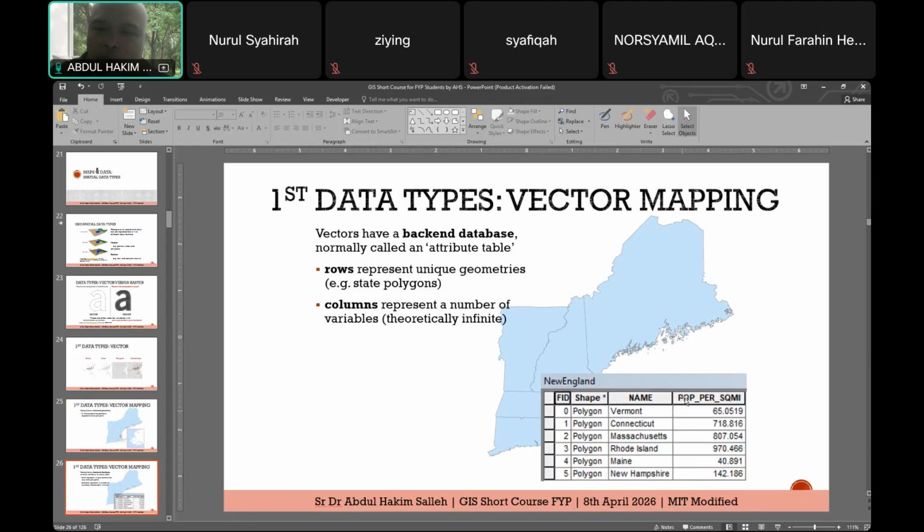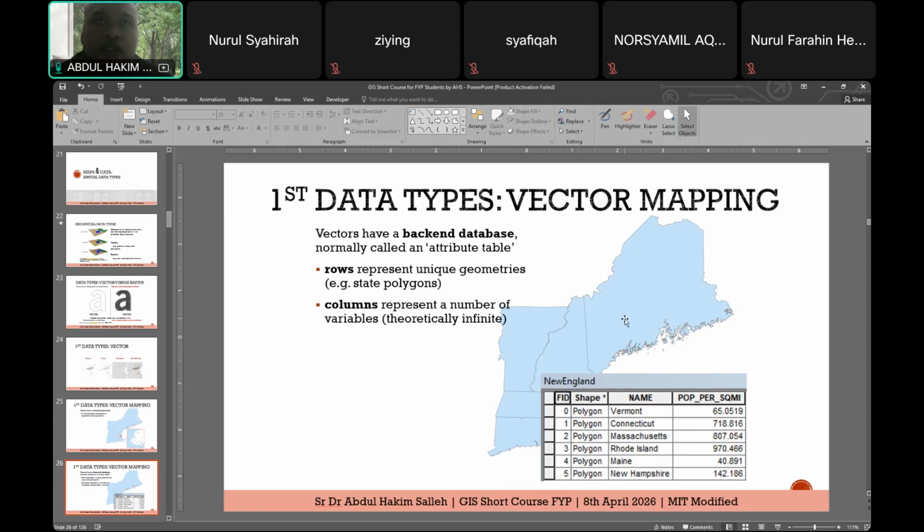It can give you population per square mile, meaning it can give you the density of population that live in that particular state. Okay, it can give you the area in meter square, and anything that is available or something that you include manually into the data.